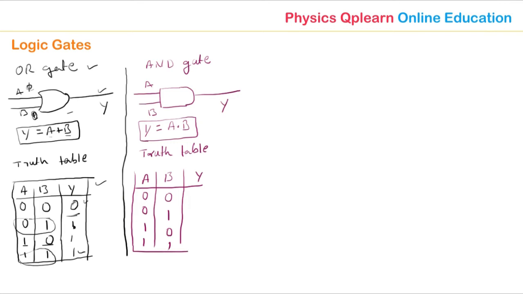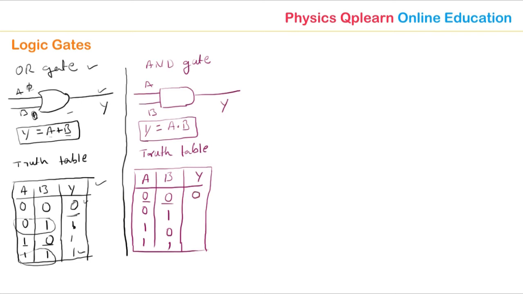So this is the truth table. We just have to answer what the output Y is. It is almost very easy. When the input A is 0 and B is 0, the output is also 0.